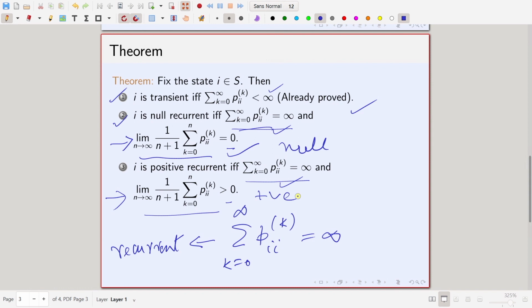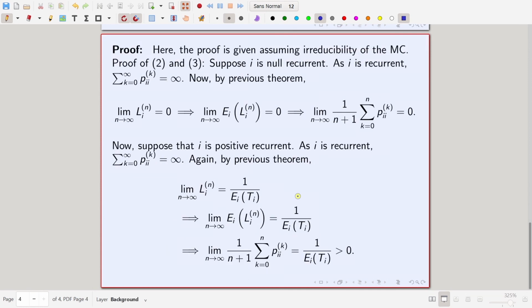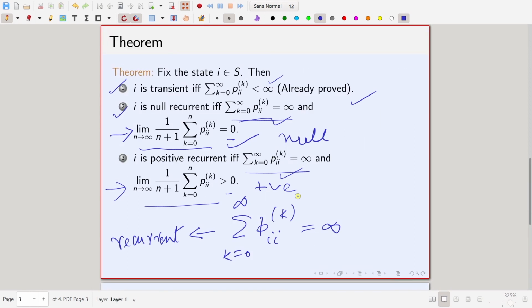So, now it gives you criteria for checking all three: transient, null recurrent, positive recurrent. Now, let us look at the proof of this. The proof is more or less simple. Here you see that I haven't assumed anything about the Markov chain, whether it is irreducible or not, or how many communicating classes it has. It is true in general.